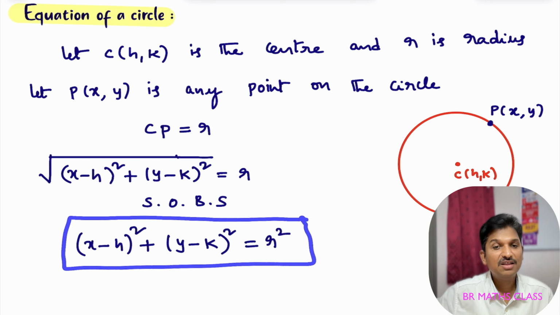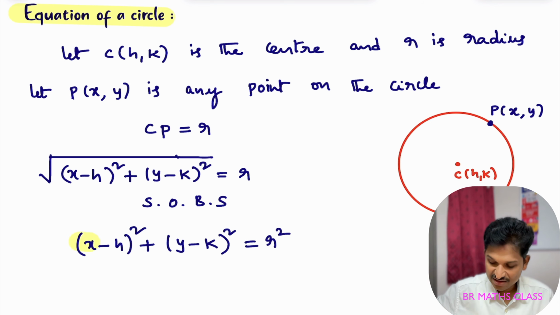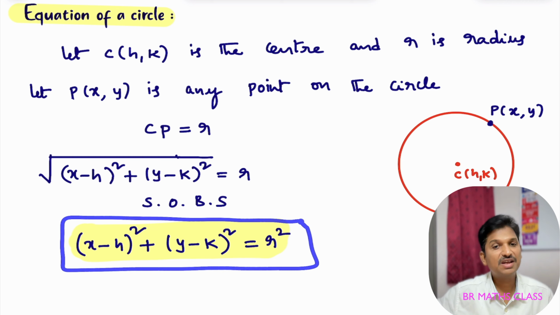What is this? This is the equation of the circle. This is the most important one. While doing exercise problems, we use this formula very frequently. Whenever they ask to find the equation of a circle, most of the time we use this formula only. This is the equation of a circle. For this circle, what is the center?